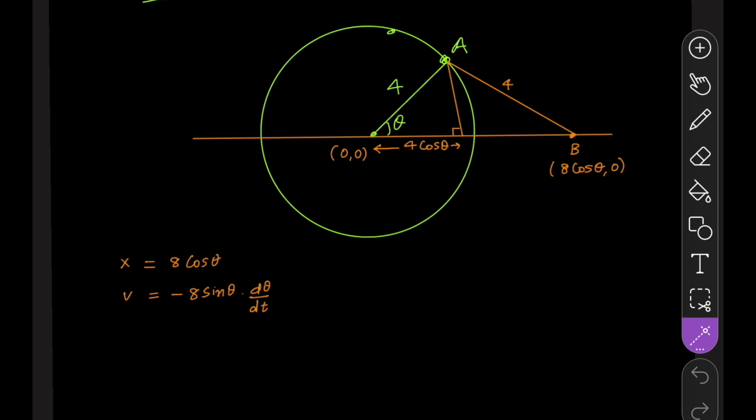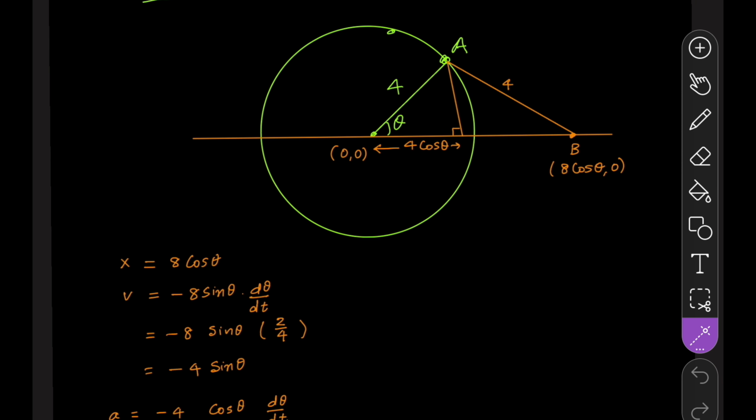Angular speed omega is v over R. So from there, just put the value of v and R. So this is coming out equal to minus 4 sin theta. Now to find acceleration, differentiate this again. Put the value of d theta by dt again. Okay, so we have found the expressions for velocity and acceleration.